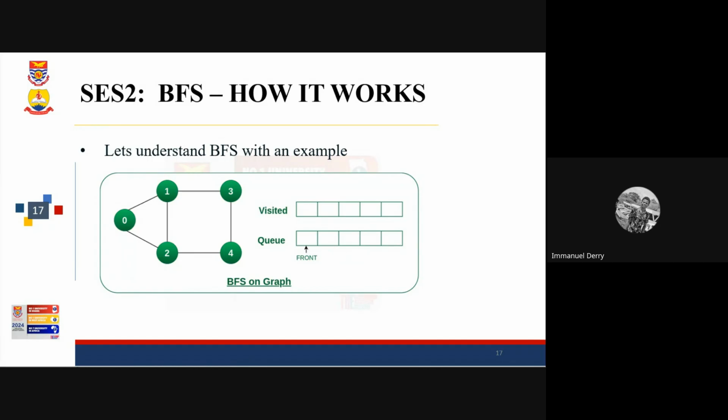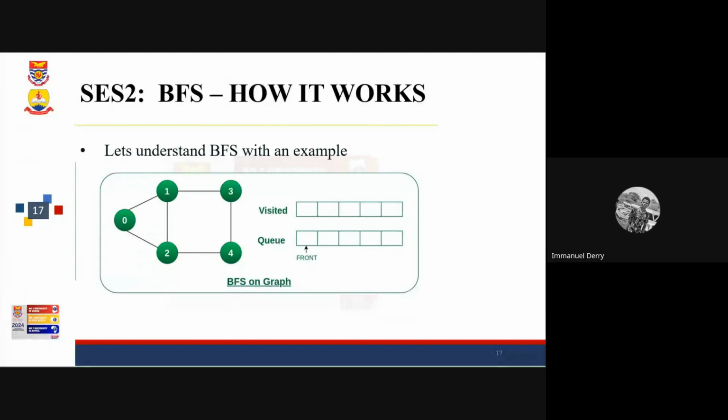So in this scenario, let's take this particular 0 as a starting point. And we say that for the BFS, we explore them level by level. So this is the second level in the graph, and this is the third level in the graph. And we also say that we are using the queue data structure, which means first in, first out.